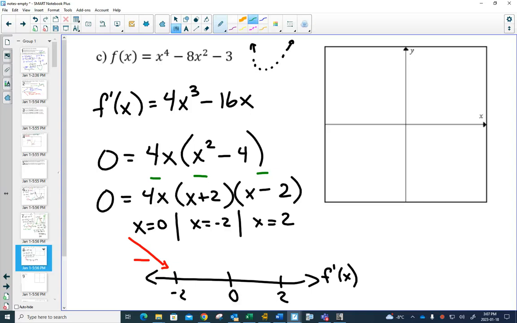Next one, plug in something between -2 and 0, -1. This will still be negative. -1 plus 2, though, that would be positive. -1 minus 2, that would still be negative. A negative times a positive times a negative is positive. This part would be increasing.